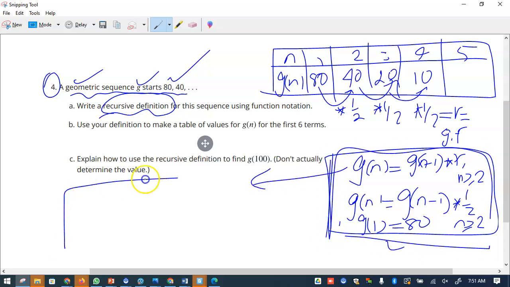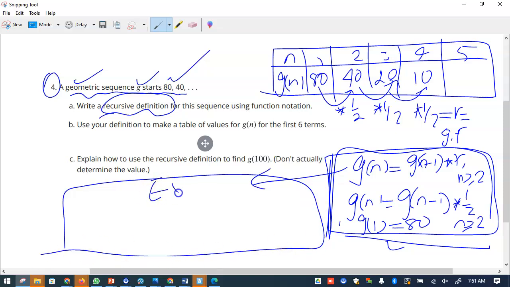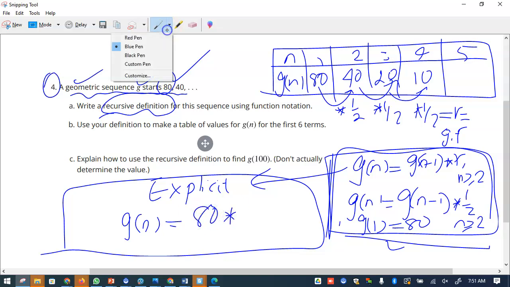But if you want to write the explicit formula, G_n starts with 80, and then times. And the good thing is, if I want to find G of 2, you are multiplying by half once.